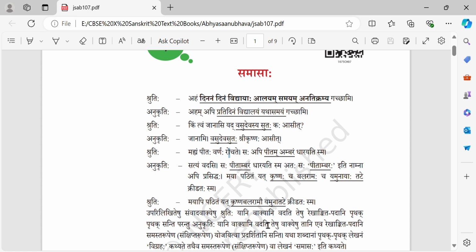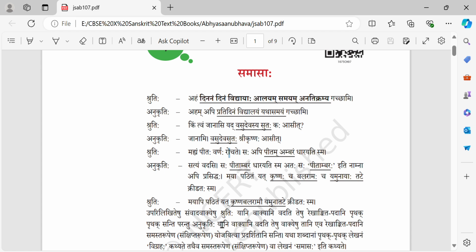Now, the difference between Samasa and Sandhi is that in Sandhi, vibhakti is never added, only two words are split. But in Samasa and Vigraha Vakya, the words are always split along with the vibhaktis. So that is the major difference between Sandhi and Samasa. These are the different examples given to make you understand the difference between Vigraha Vakya and Samasa.